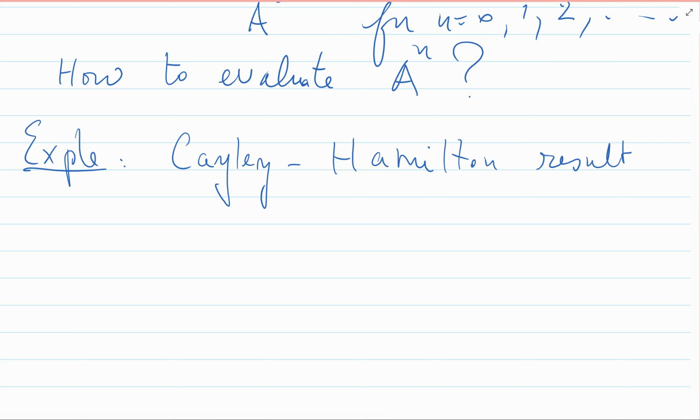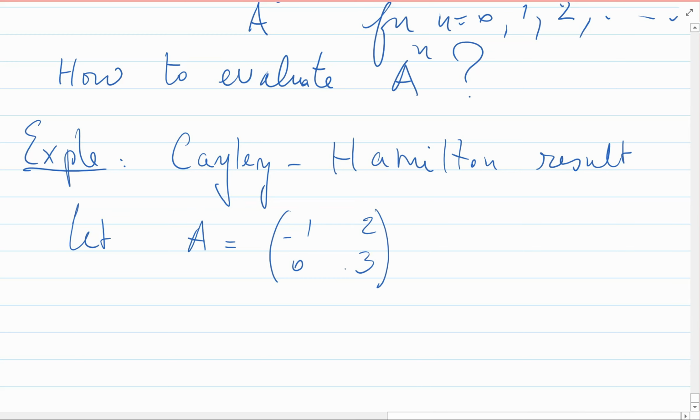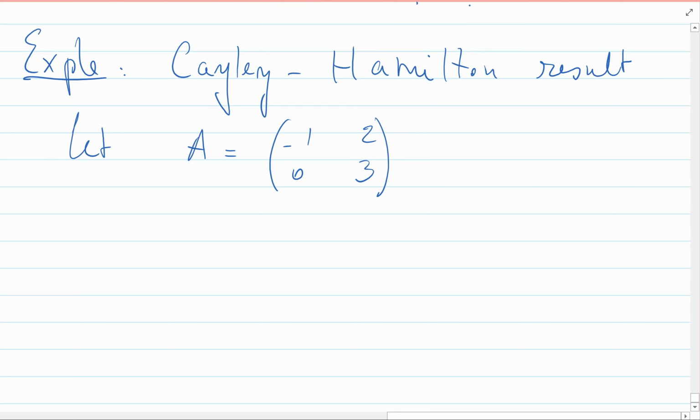It's a beautiful result. Let A be the matrix with rows (-1, 0) and (2, 3). Okay? So let us compute A squared minus 2A minus 3I2.